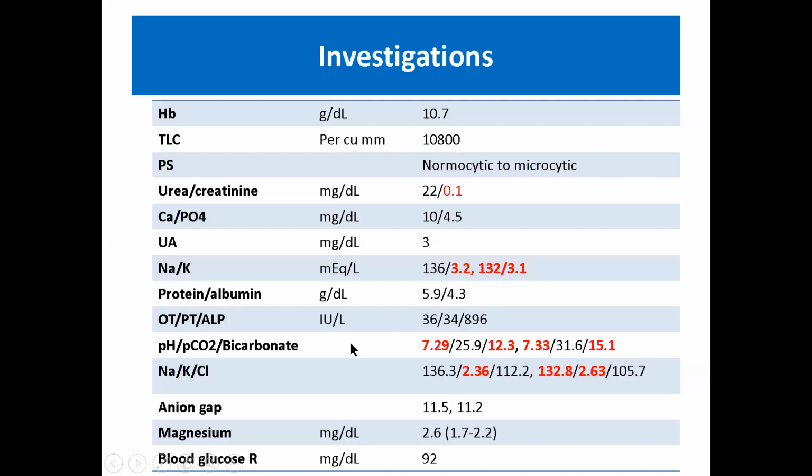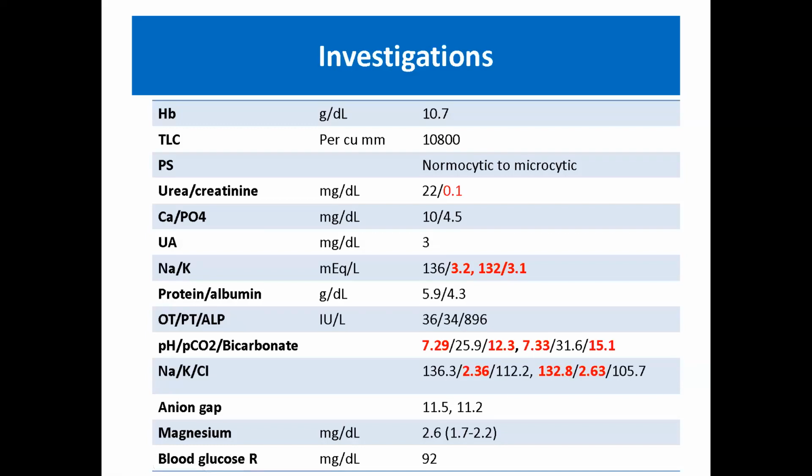The striking thing to note was the metabolic acidosis with blood pH of around 7.29 with normal PCO2, but low bicarb of 12.3 and 15.1 on two different occasions. The VBG electrolytes again showed hypokalemia. The anion gap was normal, and blood sugar, magnesium, and all the other electrolytes were within normal range.